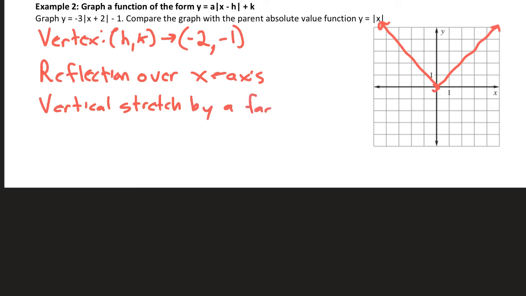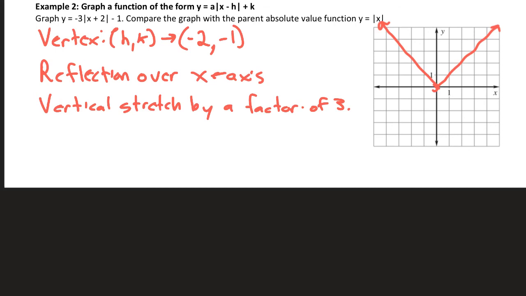And it's important that we write these transformations down, because then it gets us thinking about what these numbers do and where we get those numbers. So I get the reflection from that negative number being multiplied by the absolute value, and I get the stretch because I multiplied that absolute value by 3, by a factor of 3.